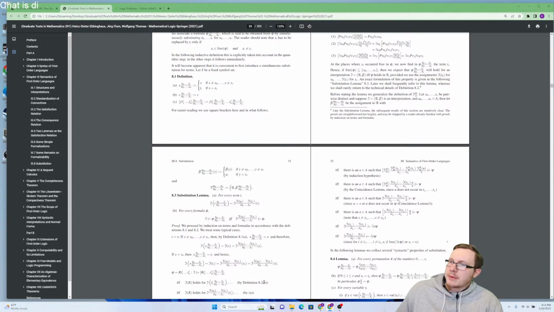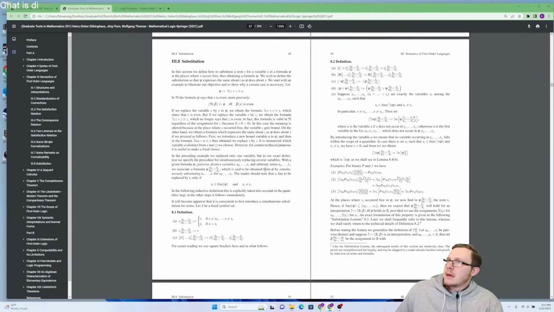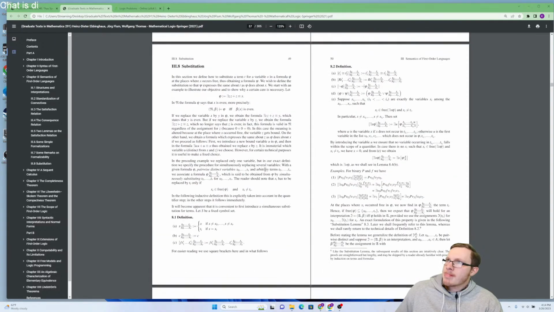Okay, by 8.2b. 8.2b says that if you have a relation and you perform a substitution on the relation, you perform the substitution on all the subconstituents of it. Okay.